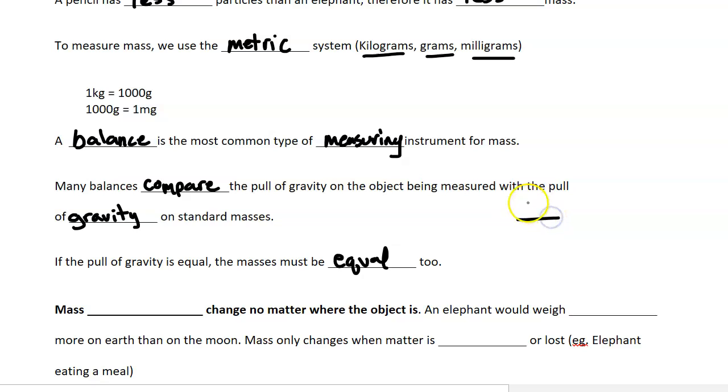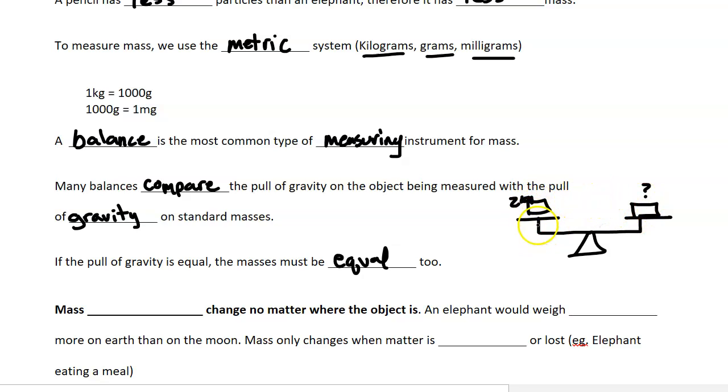So if I know that this is 2 kilograms and it balances with this thing of unknown mass, well, if this we know to be 2 kilograms, then this one must be 2 kilograms, assuming that they are balanced.